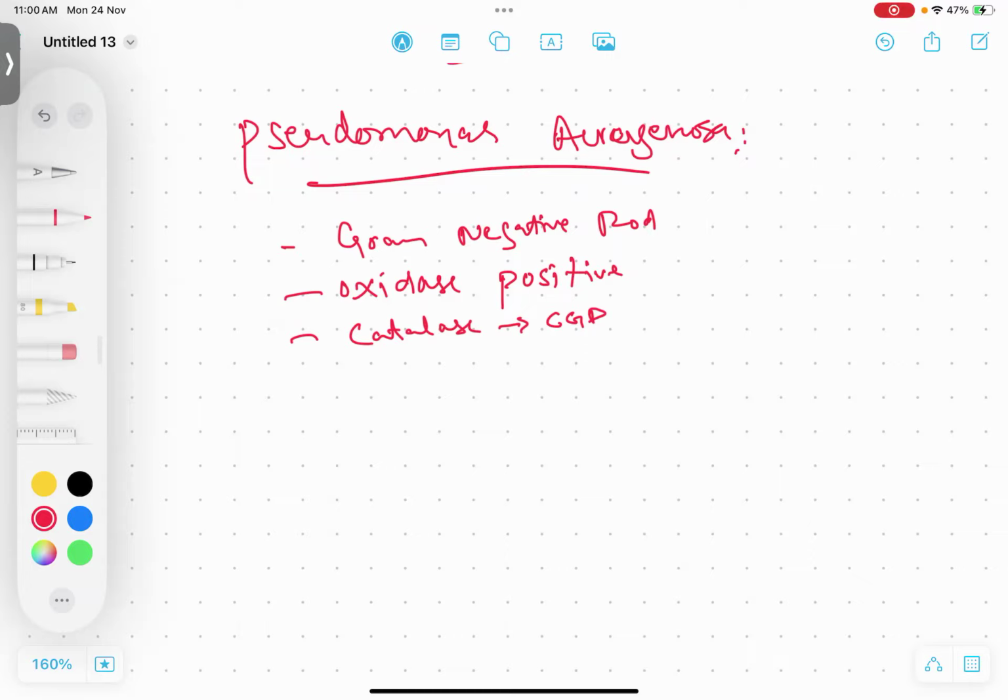They also produce two important pigments called pyocyanin and pyoverdine.